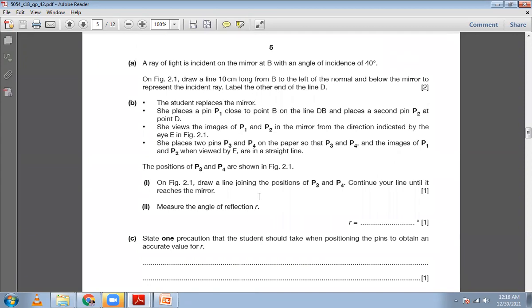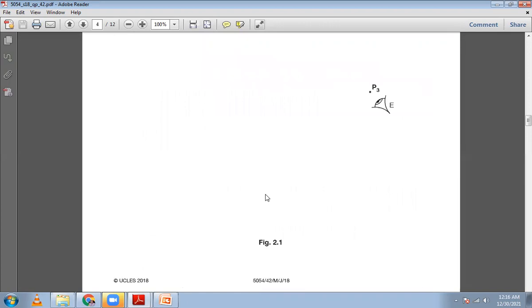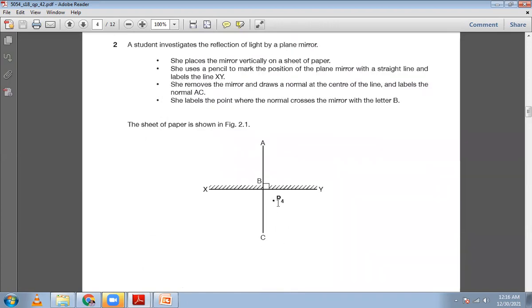A ray of light is incident on the mirror at the point B with an angle of incidence of 40 degrees. On figure 2.1, draw a line 10 centimeter long from B to the left of the normal and below the mirror to represent the incident ray. Label the other end of the line as D. It's a 2-mark question. So this is the normal, this is the right side of the normal and this is the left side.